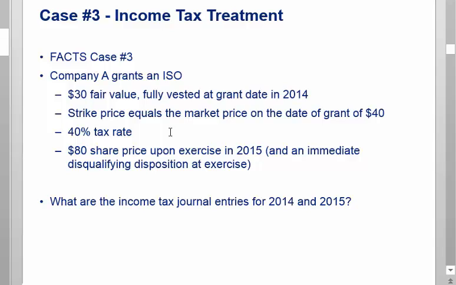But in this case, we're getting a deduction for an award that we had a bad perm on. So we had a bad perm in 2014 of 30, and our deduction is only 5. So that 5 is going to be a good perm, because in the year of the deduction, we get a good perm up to the amount of the bad perm. So nothing goes to APIC in this example.